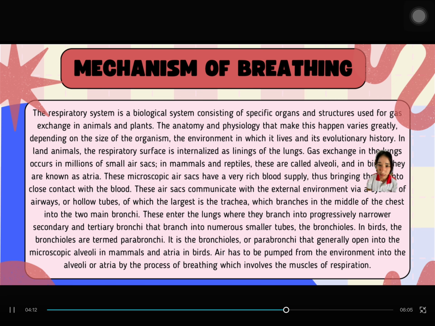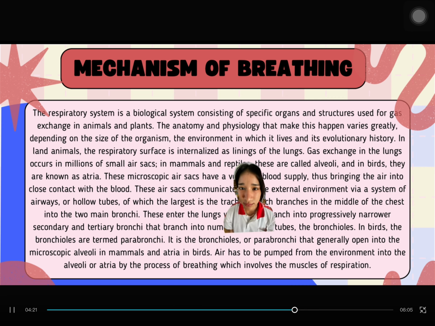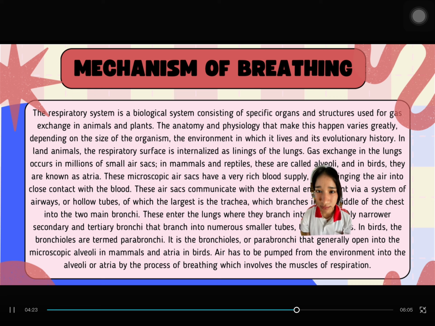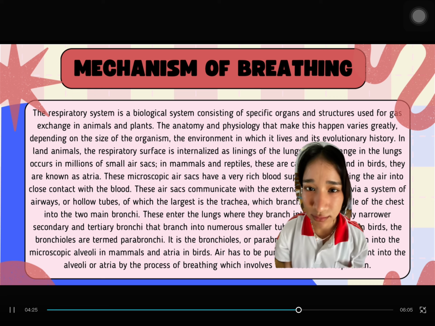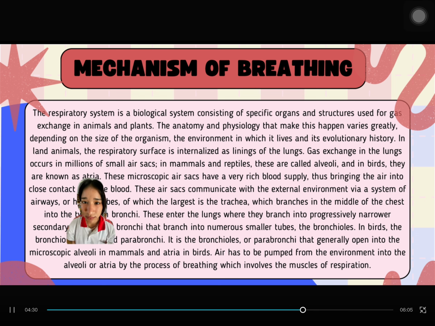Gas exchange in the lungs occurs in millions of small air sacs. In mammals and reptiles, these are called alveoli, and in birds they are known as atria.